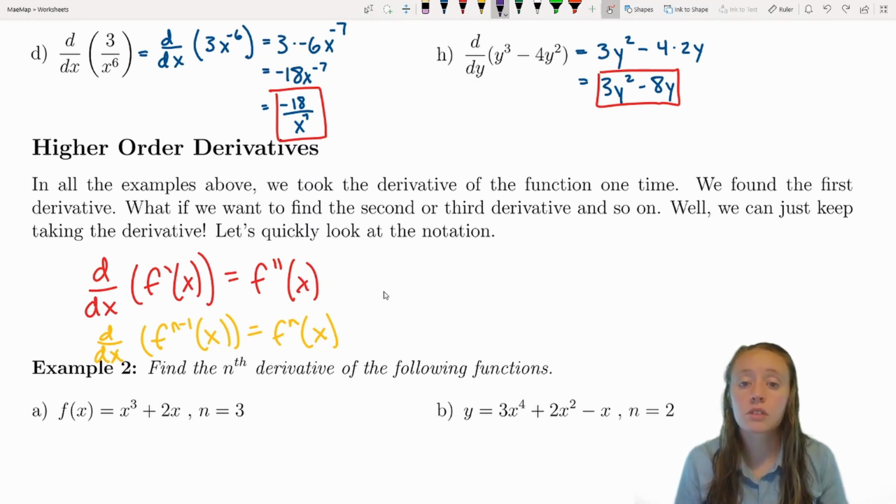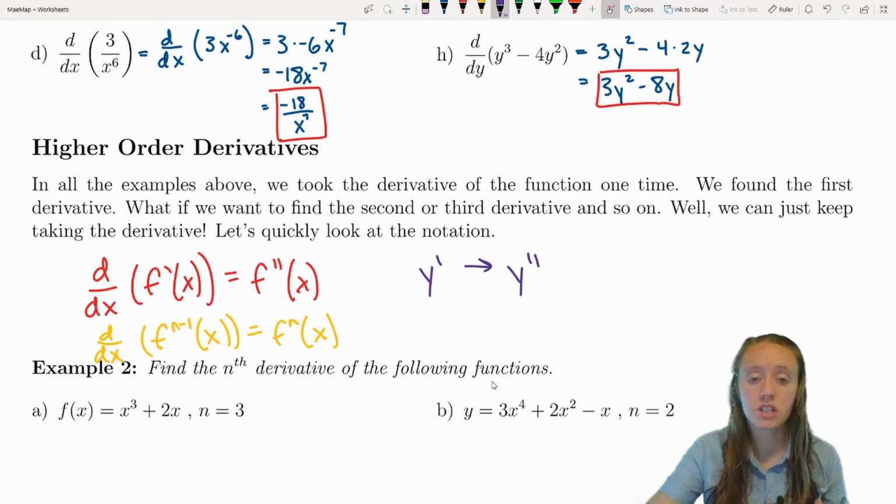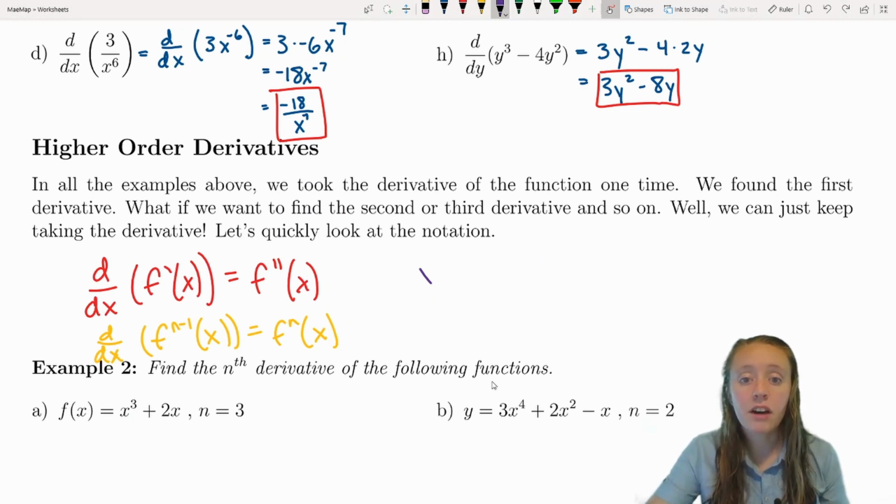There's different types of notations besides f of x. We could have also said the derivative of y is y prime. So that second derivative would be y prime prime or y double prime. So for example, y prime, taking the derivative of that would go to y double prime, and so on. Very similar to that function notation. But think about if we're taking the derivative of dy dx.